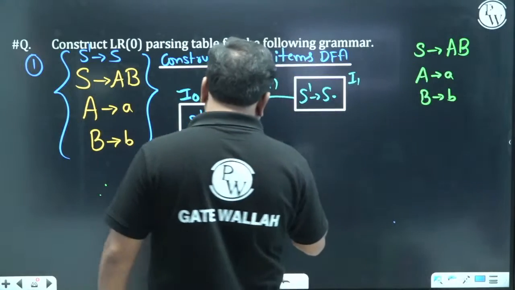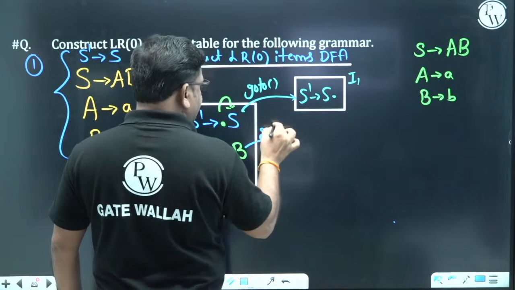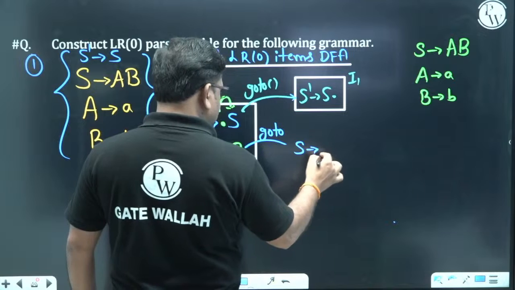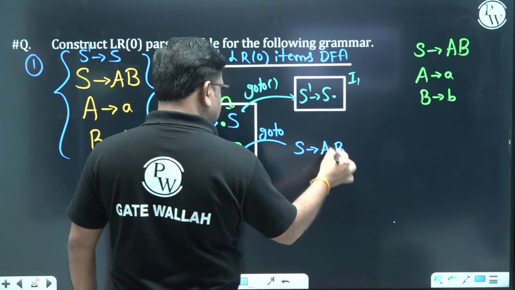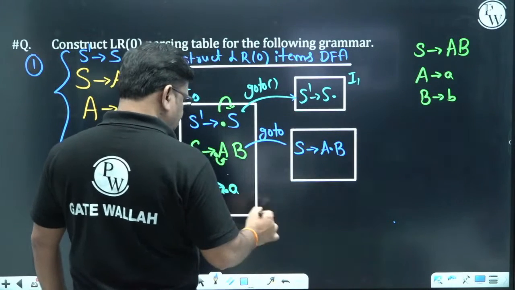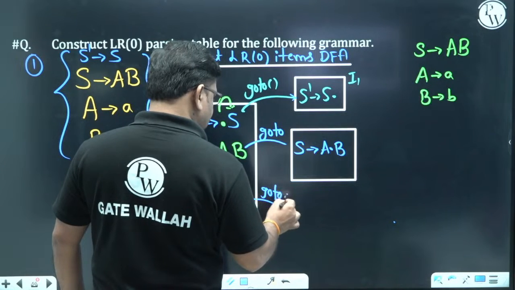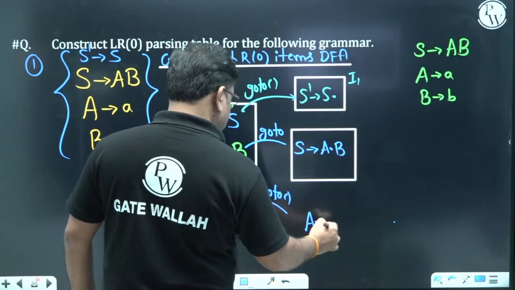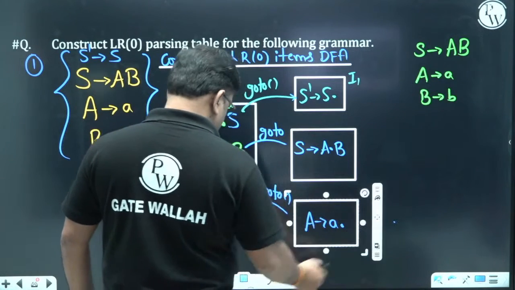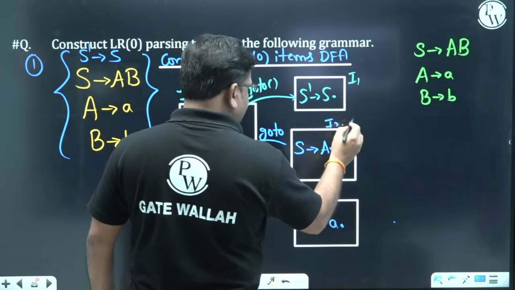We apply the goto on this, and it results like this. Goto is just moving the dot one position towards the right side. So the names are I2 and this is I3.